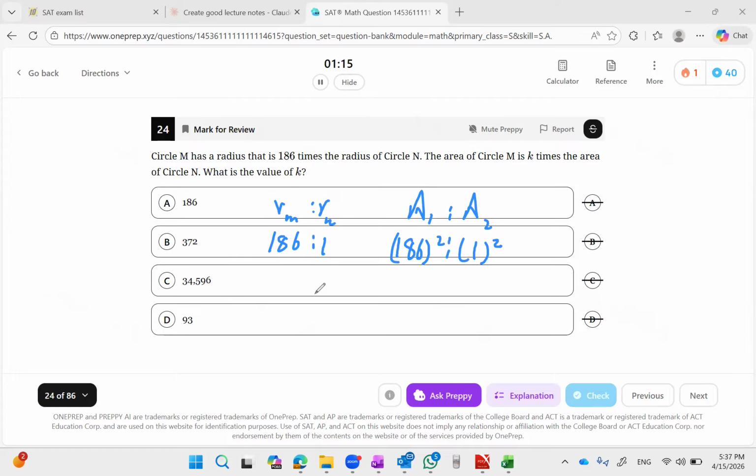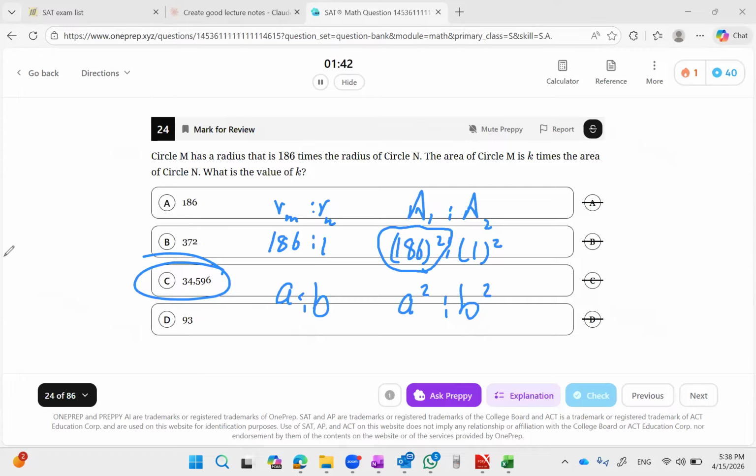So in areas, we don't use it as a ratio. If the ratio is A to B, it means that the ratio between the areas is A squared to B squared. So now K is equal to 186 squared.